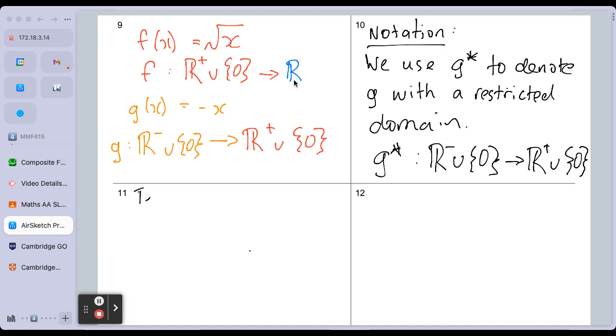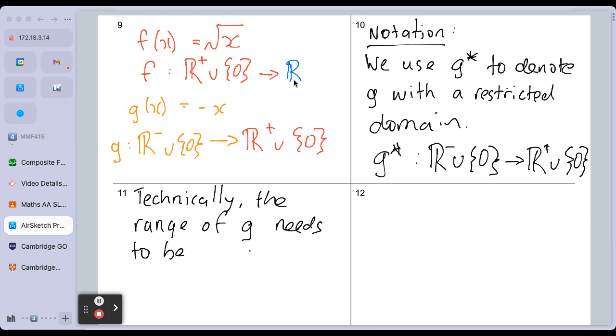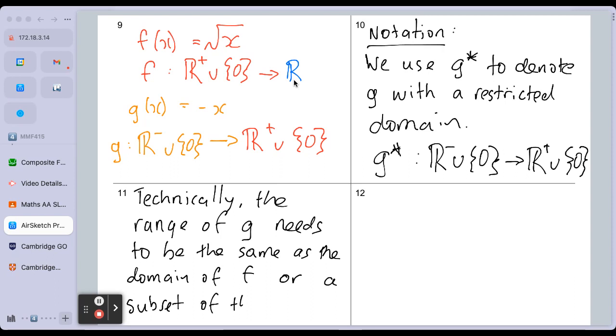That's not a good start. Try that again. Technically, the range of G needs to be the same as the domain of F, or a subset of the domain.